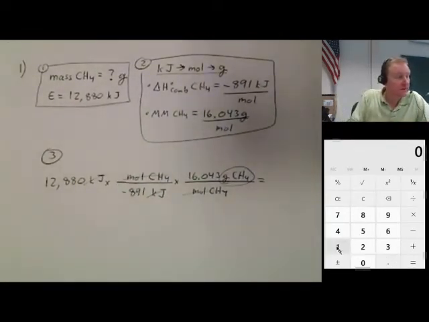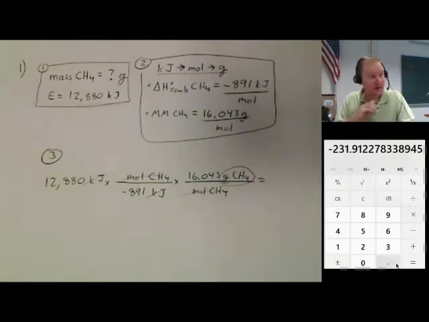I would take 12,880 divided by a negative 891. Now it's negative. Times 16.043 equals.